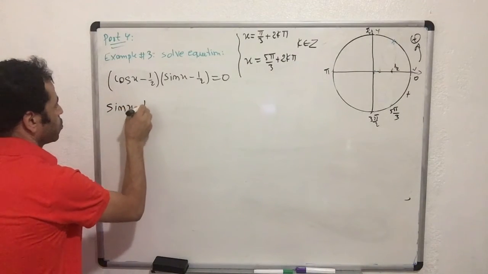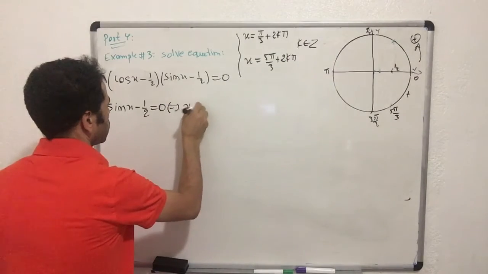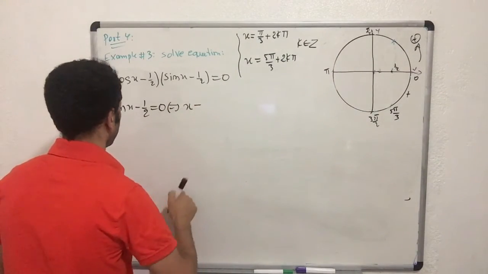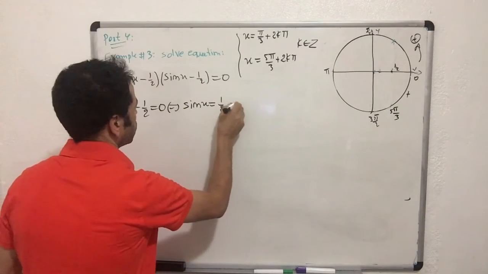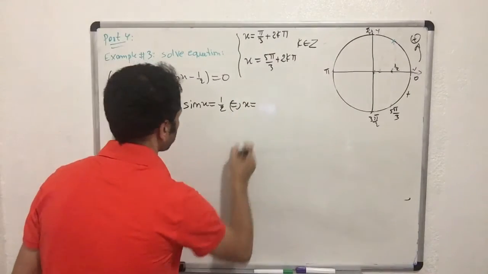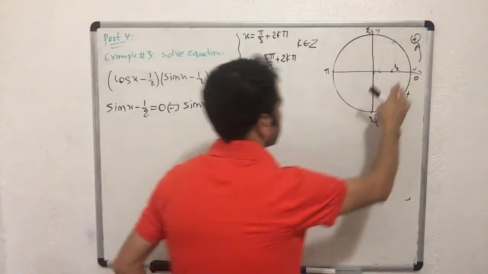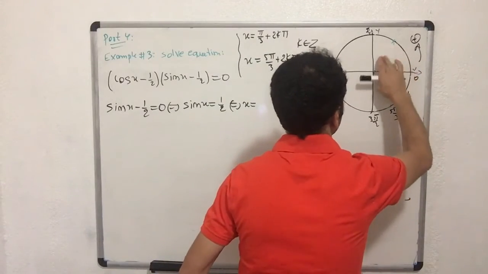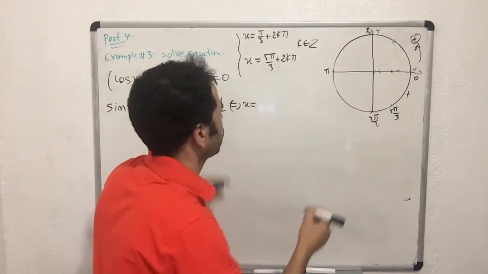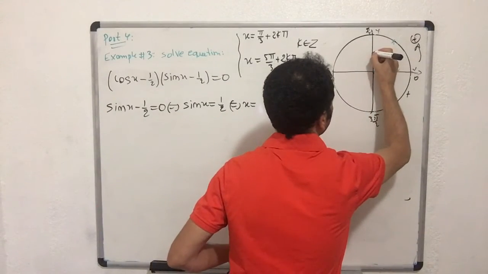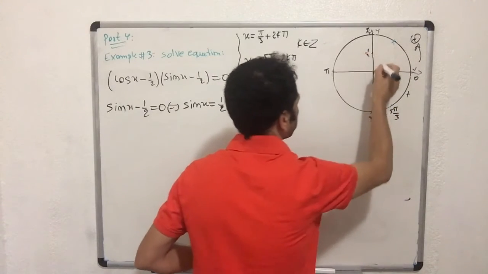Then let's move on to sine x minus 1 over 2 equal to 0. This is equivalent to sine x equal to 1 over 2. Let's put this one on the unit circle. For sine x equal to 1 over 2, that means in the half of the distance.